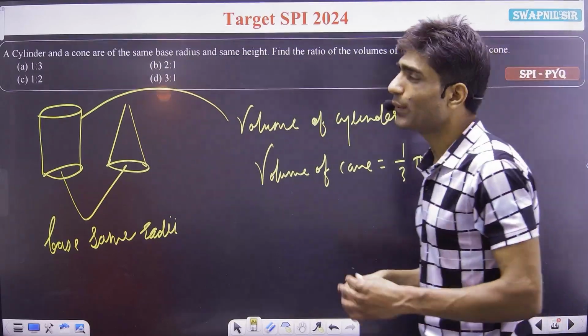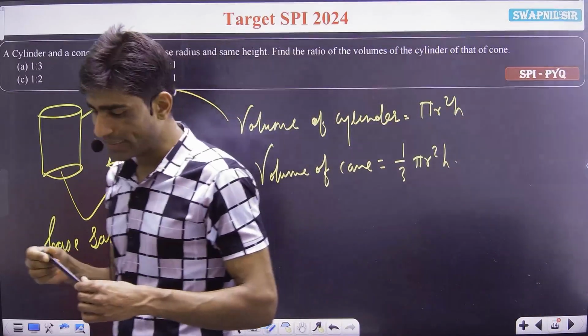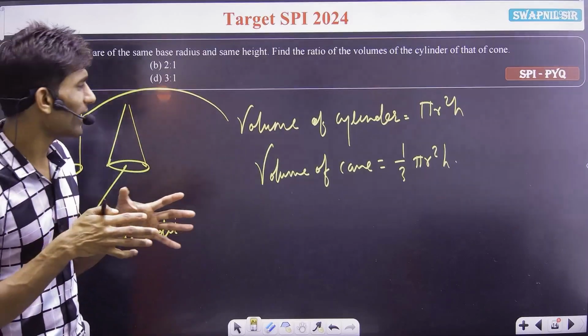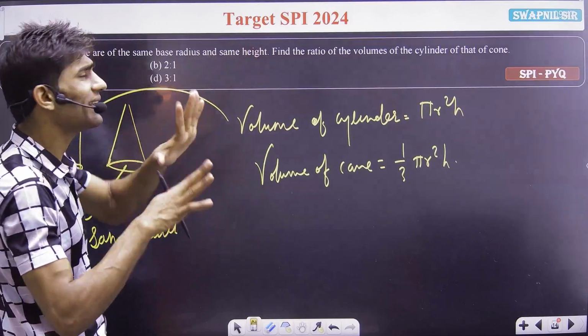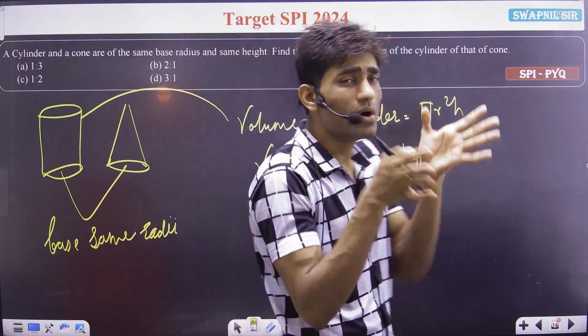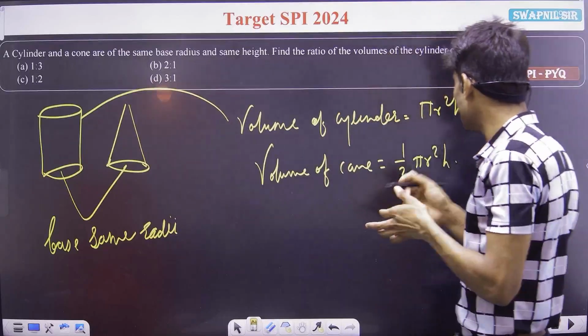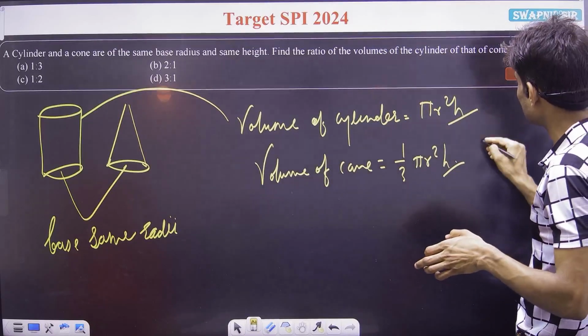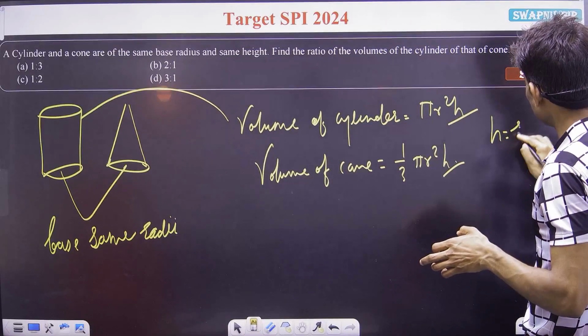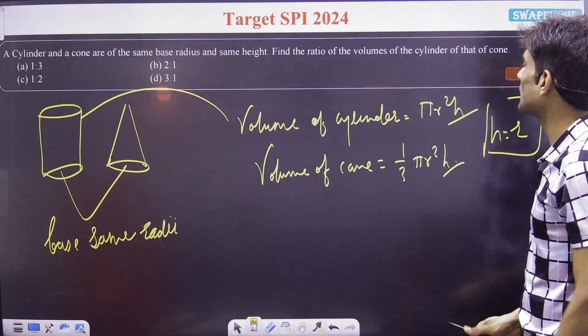We are given that height and radius are equal, so replace height with radius, h equal to r.